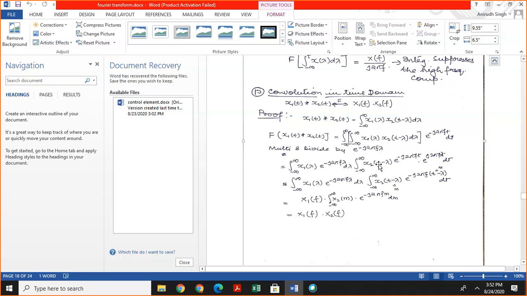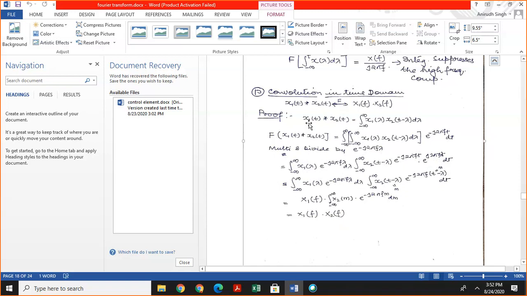In this expression, t minus lambda is replaced by m. This is the Fourier transform of x1 of t, written as X1 of f, and this expression is also written as X2 of f.